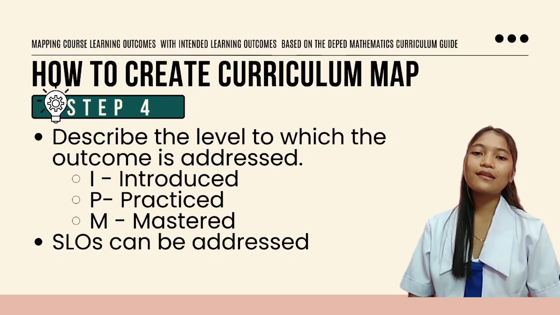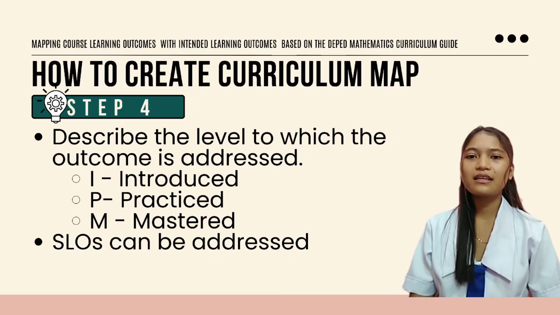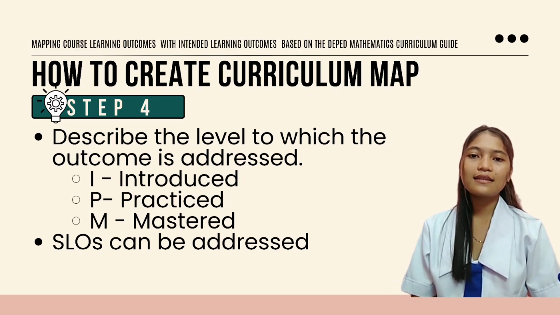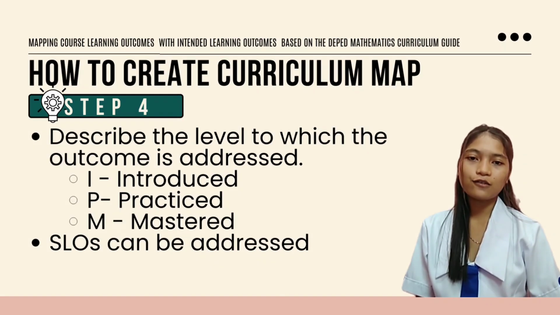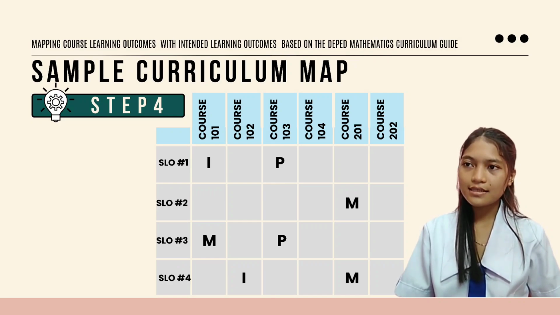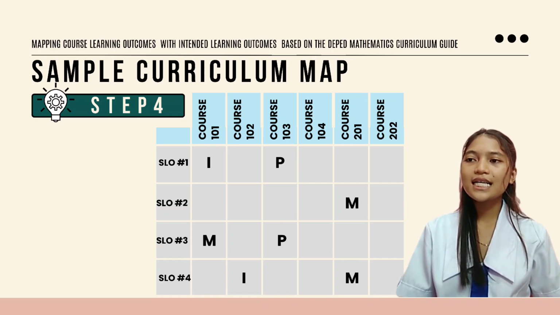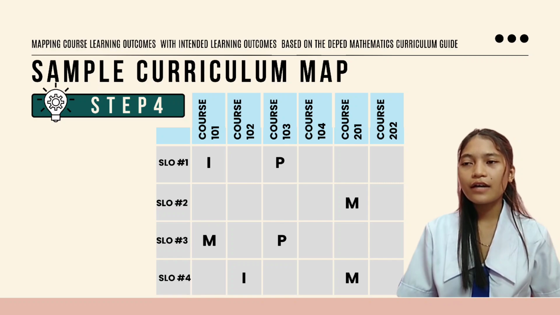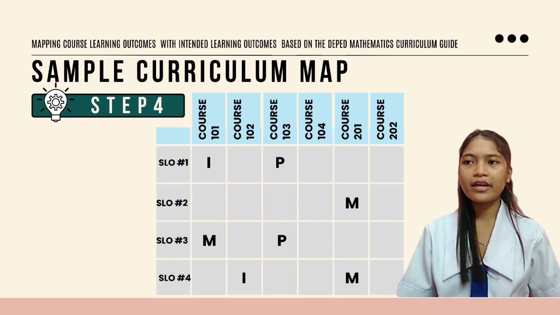So every student learning outcome should be addressed, it should be met, because as I said earlier, the student learning outcome only makes sense if you can meet the possible learning outcomes you have set. So here is an example table on how you will assess students, or how you will give an assessment to students. As we can see in the table, under course 1, SLO number 1, something is placed there.